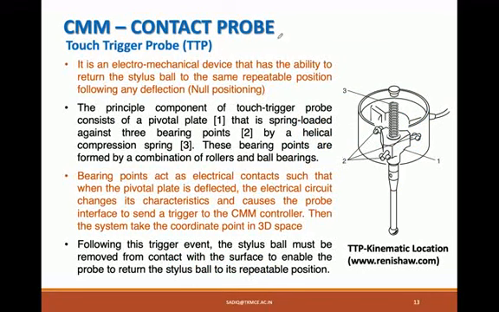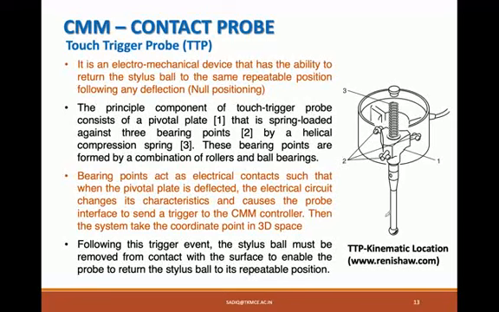Let us see a little more detail about the touch trigger probe, its construction and its working. Touch trigger probes are electromechanical devices that have the ability to return the stylus ball to the same repeatable position after any deflection.